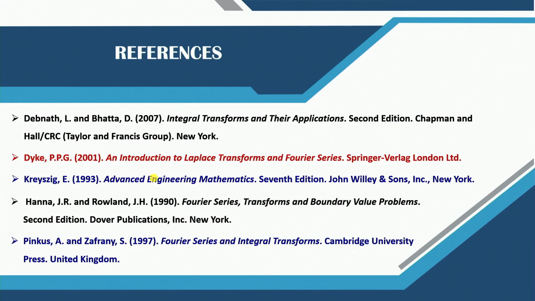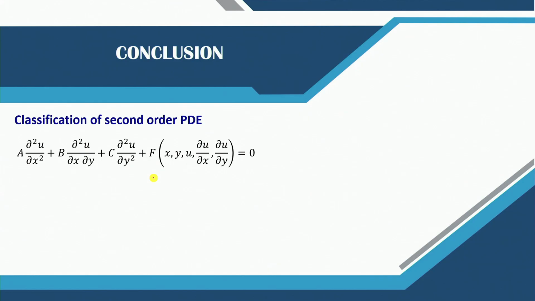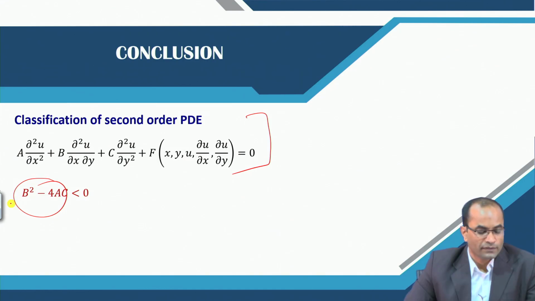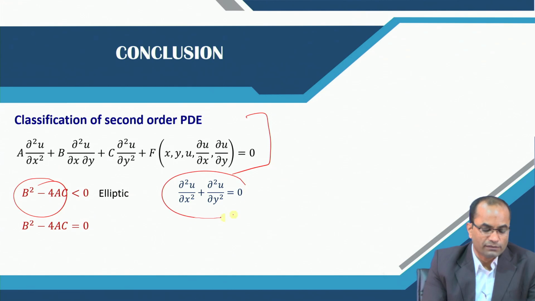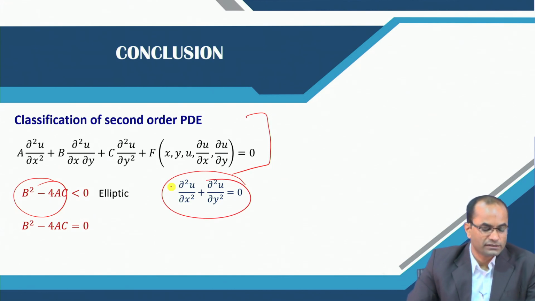These are the references we have used for preparing this lecture, and just to conclude: for second order partial differential equations, we have discussed the classification, which was based on the value of the discriminant. If it is negative, then it is called elliptic, and the example was the Laplace equation.